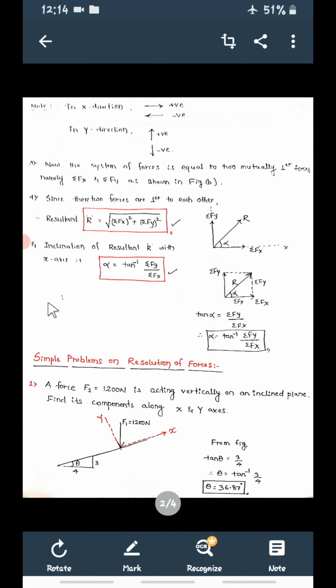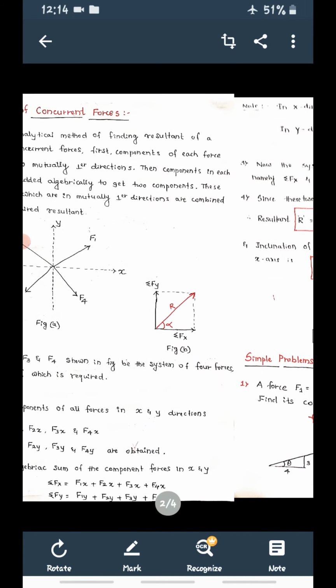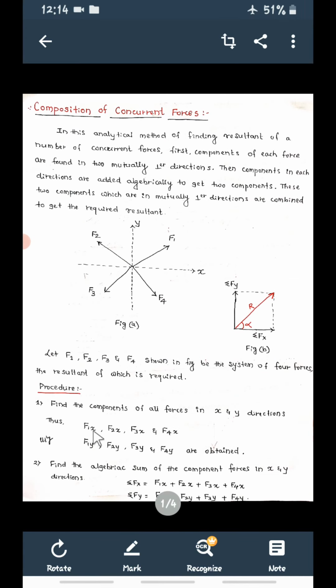Now, while resolving these forces, while finding summation Fx, you are writing F1x, F2x, F3x, F4x. So see the direction.